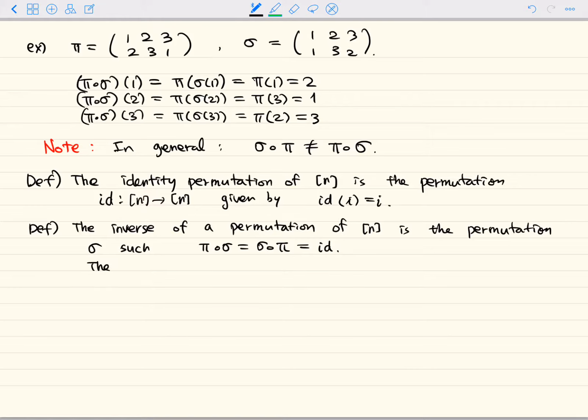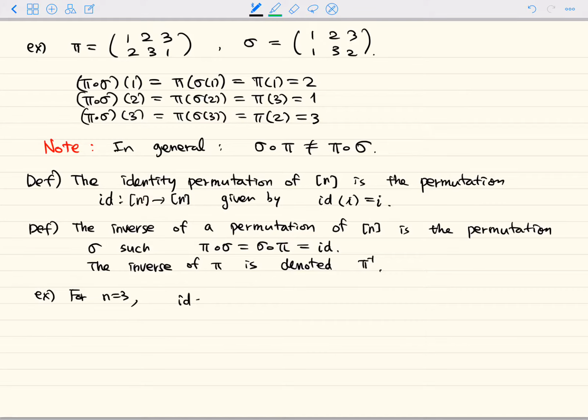And the inverse is usually denoted pi inverse like this. So for example, let's consider n equals 3.